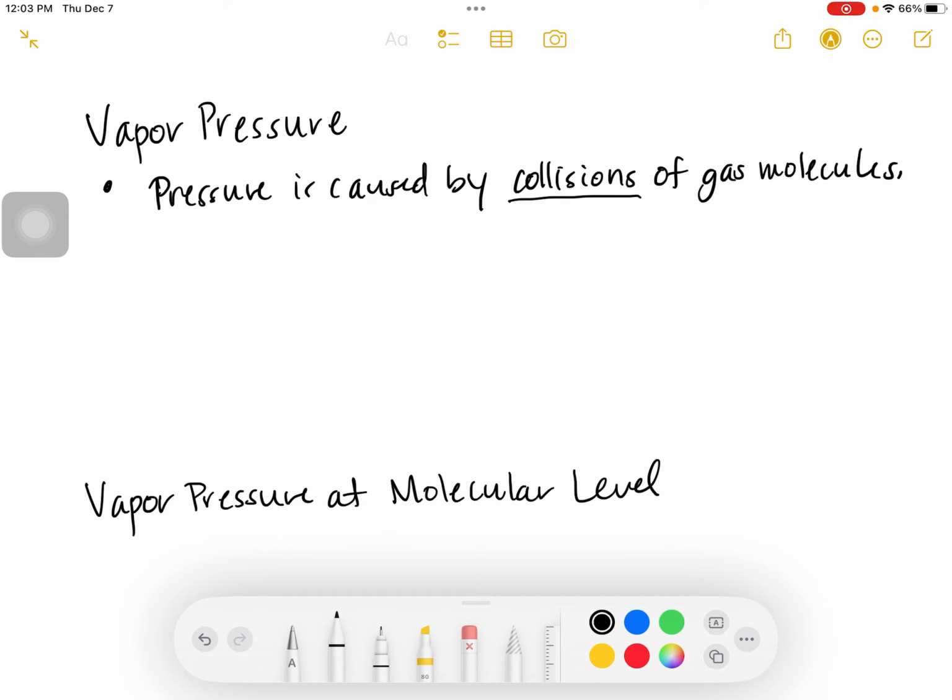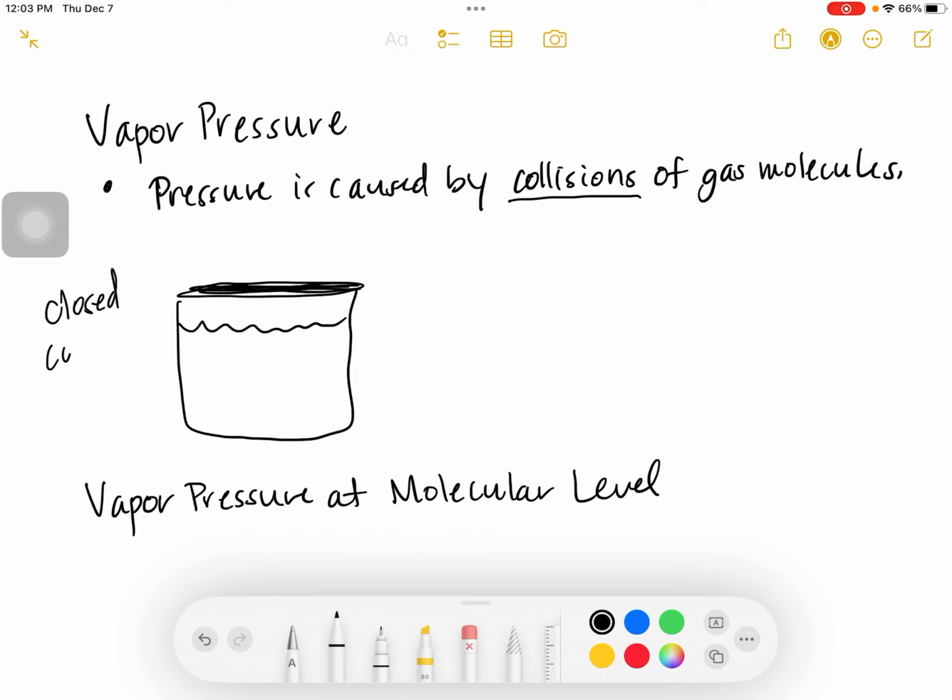So there's a particular type of pressure that we talk about in this chapter, which is called vapor pressure. And what we're discussing here is if we had a container. Now this is going to be a closed container. So a beaker with a lid or a water bottle with a cap on it. Okay, but that's important that it's closed.